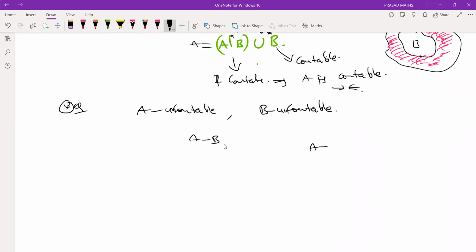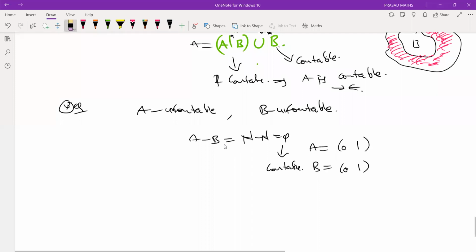See, I have taken A equals natural numbers, B equals natural numbers. What is A minus B? Empty, right? Empty can be countable, right? Sir, the natural number set is not an uncountable set. Sorry. Suppose you can take open interval (0,1). Now okay?